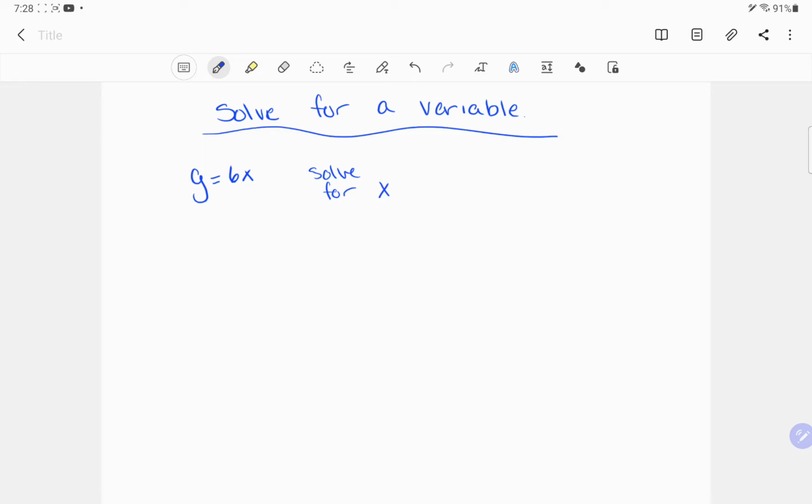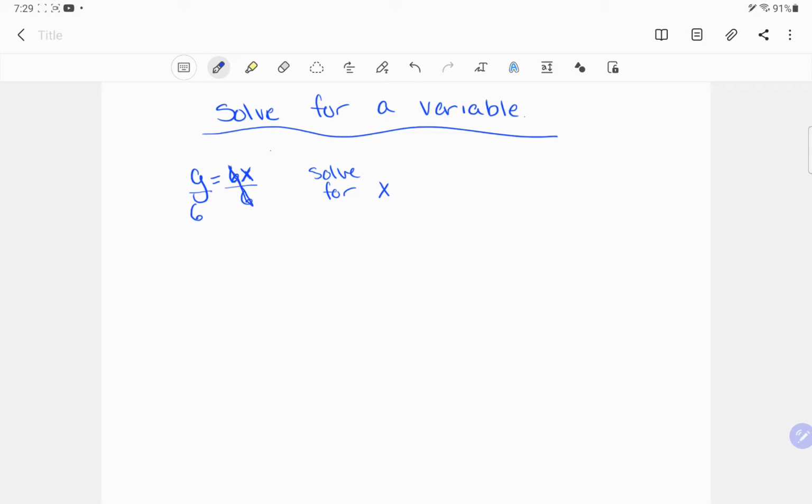what that means is I need to get this x by itself. So if I have 6 times x, I need to undo that, so I'm going to divide both sides by 6, just as if it was a number on both sides of the equation. Nothing changes here. You just go about solving equations.